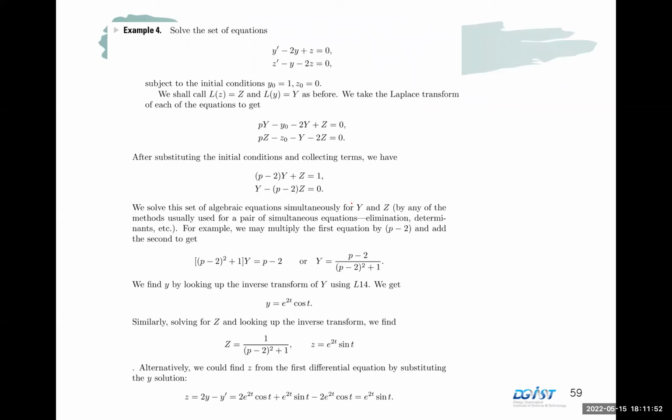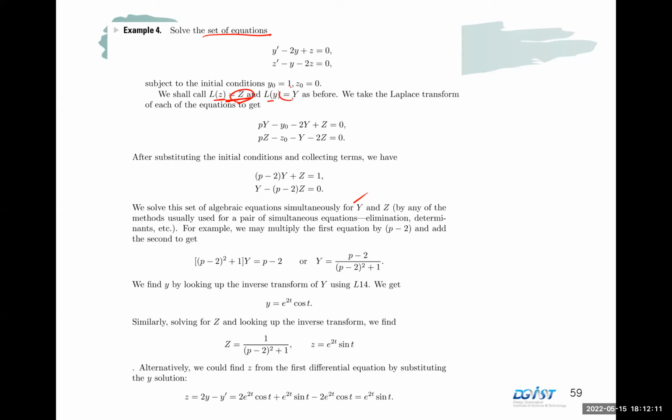Okay, now if we have two equations, a set of equations in this form, they are y and a mix of y and z with the initial condition. So let's introduce the Laplace transform for g and y.